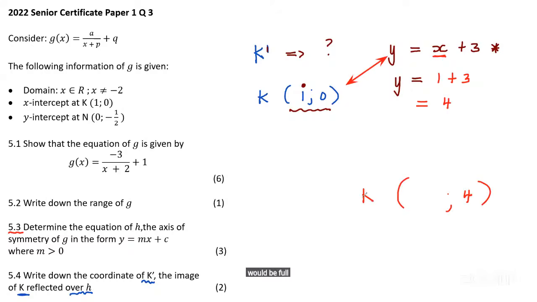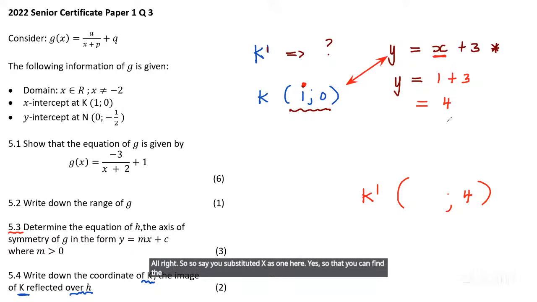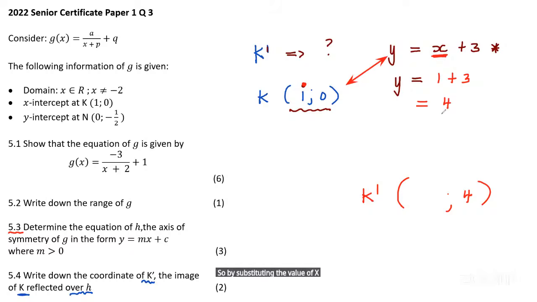All right. So K1 is 4. So say you substituted x as 1 here, so that you can find the reflected y value. So by substituting the value of x as 1, I get the value of y. How do I get the value of x reflected?